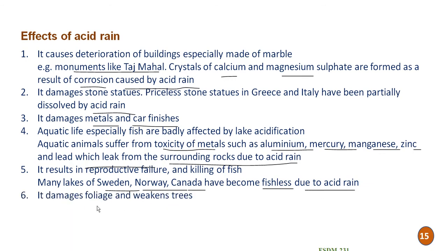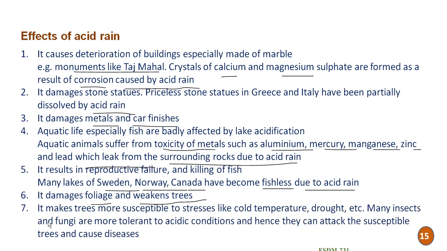Then it damages the foliage and weakens the trees. So it affects the foliage of plants and also weakens the trees. It makes trees more susceptible to stresses like cold temperature, drought, etc. Many insects and fungi are more tolerant to acidic conditions, and hence they can attack the susceptible trees and cause disease.